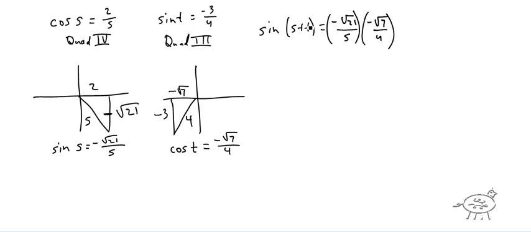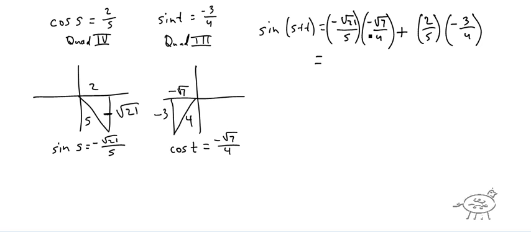And then it's plus because it's sine of sum. So that's going to be cosine of s, which is 2/5, and sine of t, which is -3/4. Okay, notice my denominators. Once again, they're going to be the same.